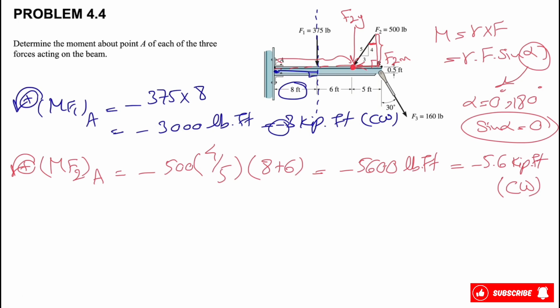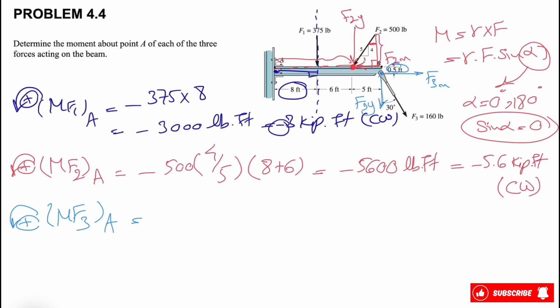Okay, now let's move on to the moment of F3 about point A, counterclockwise positive again. If we look at this, we'll see that we're going to break it down again into x and y components. But this time for F3, we have a distance of 0.5 foot for the x component, which means we will have another moment for F3.